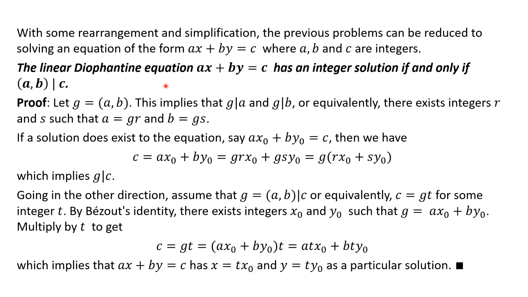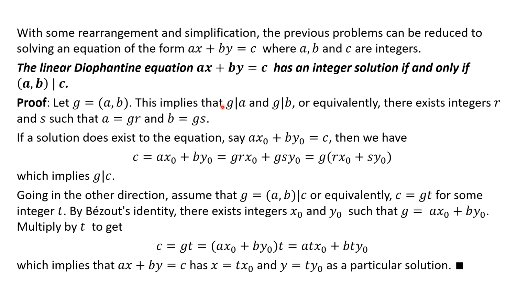So we'll go in the forward direction first. Let G be the GCD of a and b. This implies that G divides a and G divides b, or equivalently there exist r and s such that a equals G times r and b equals G times s.